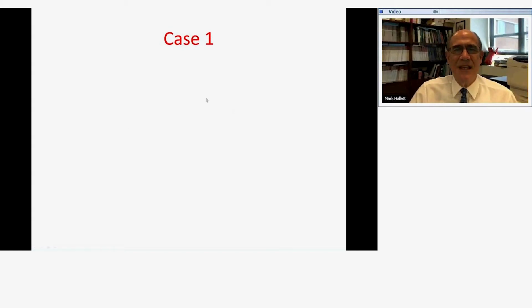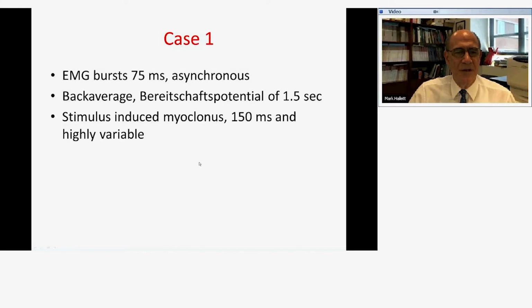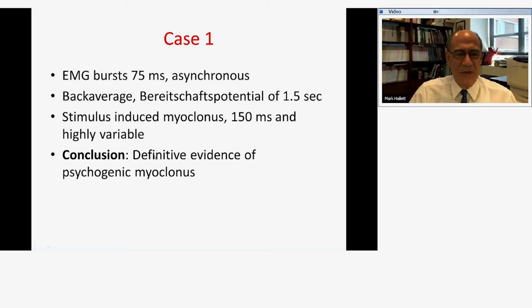What did we see in this particular patient? The EMG bursts were 75 milliseconds long and asynchronous, similar to the ballistic pattern. The back average showed a Bereitschaft potential of 1.5 seconds in duration. And stimulus-induced myoclonus had a latency of 150 milliseconds and was highly variable in nature.